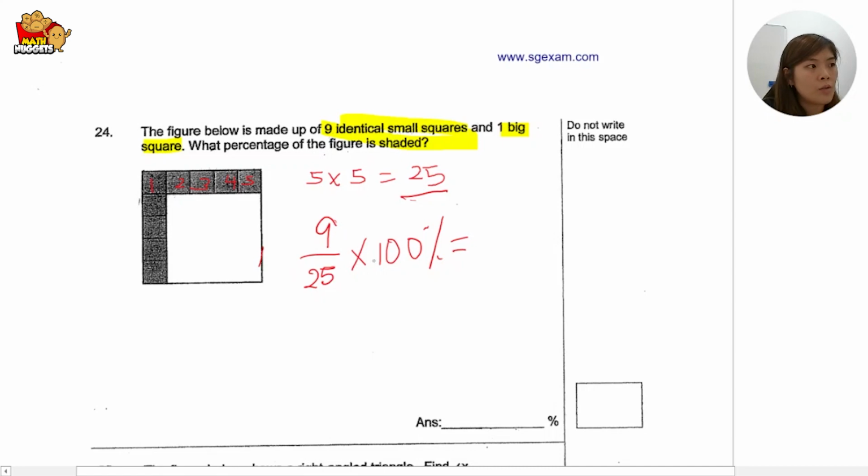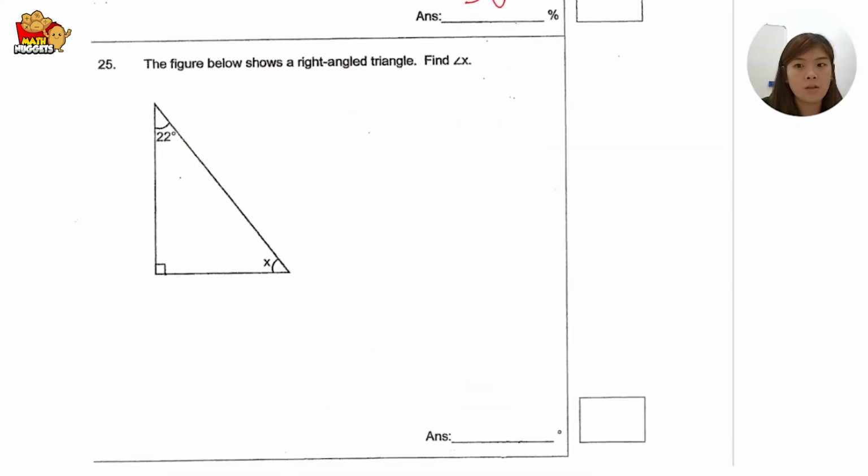If you do the math, 100 divided by 25 is actually 4. This is 1, so 9 times 4 gives you 36 percent. Okay, so 36.